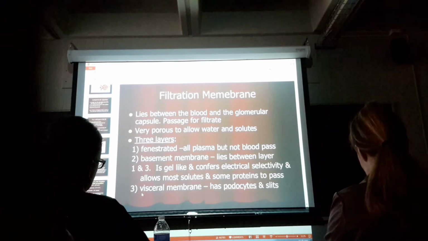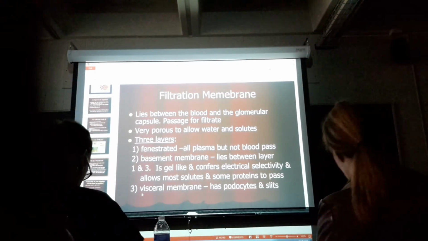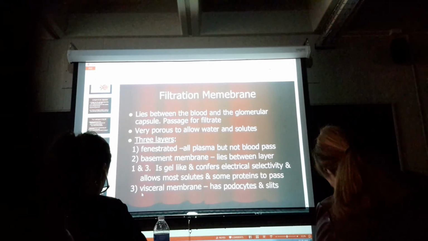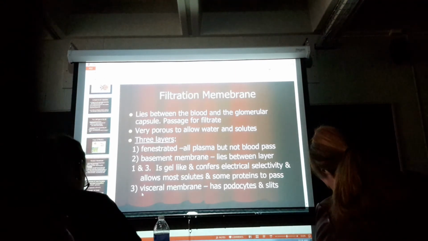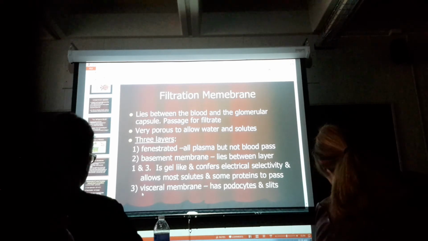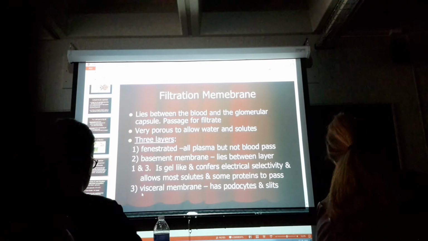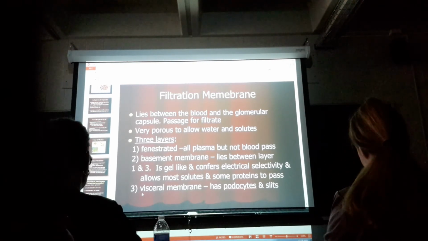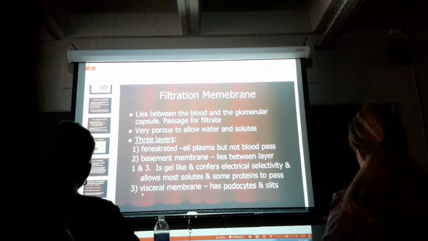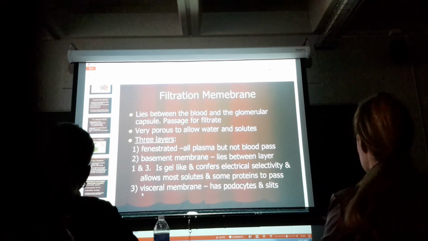And then lastly, remember, visceral is the innermost layer that's actually touching whatever the organ or the vessel is. It has the little feet and slits that are allowing the stuff to filter down into the capillary. So we're filtering in the glomerulus, and how are we filtering? We have openings in there, we have a gel that's helping talk to the ions, and we have slits that are allowing things to move through. So that's just kind of the anatomy of that capillary.